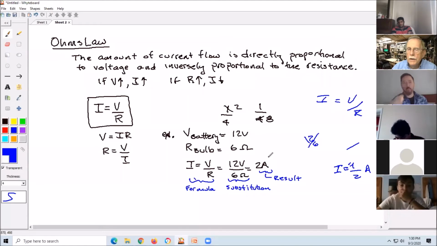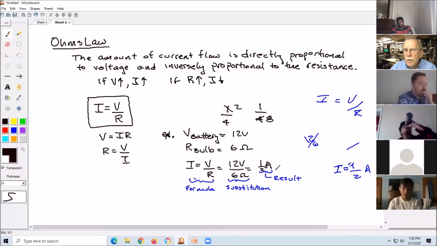On a quiz or on an exam, if I saw this, I would look at that and go, well, the person used the right formula. They plugged the numbers in right, but obviously they made a mistake when they used the calculator.